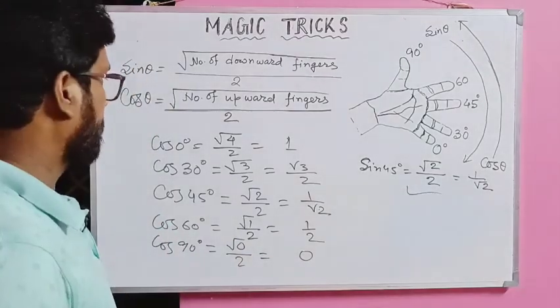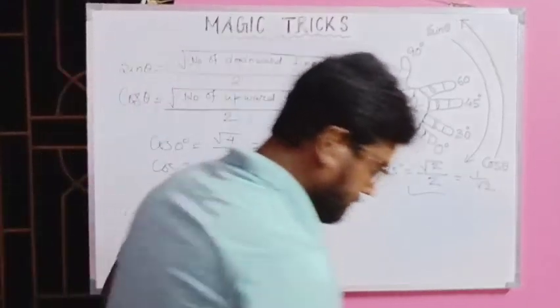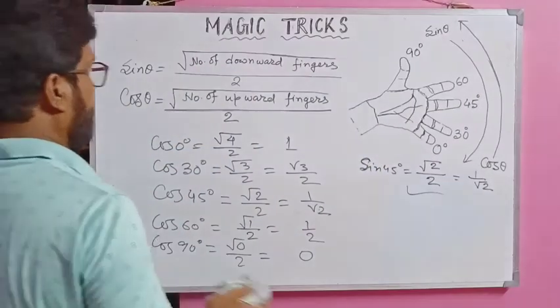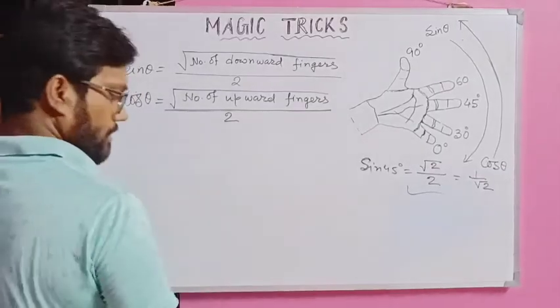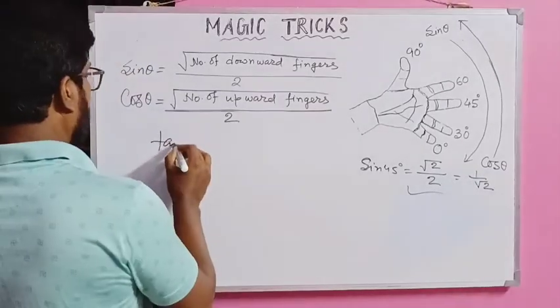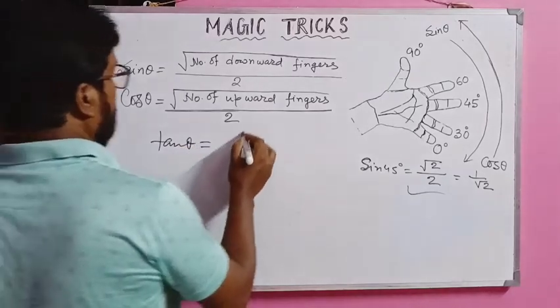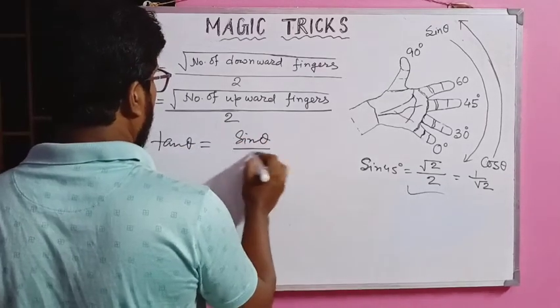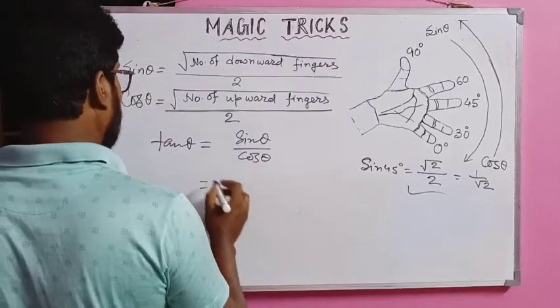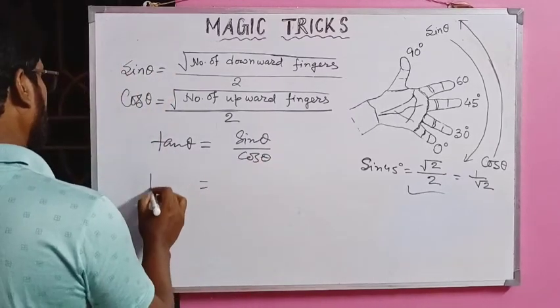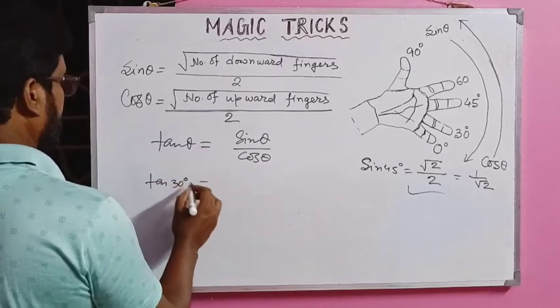Okay guys, now we are also going to calculate the value of tan theta. We know tan theta equals sin theta by cos theta. Now let us consider tan 30 degrees.